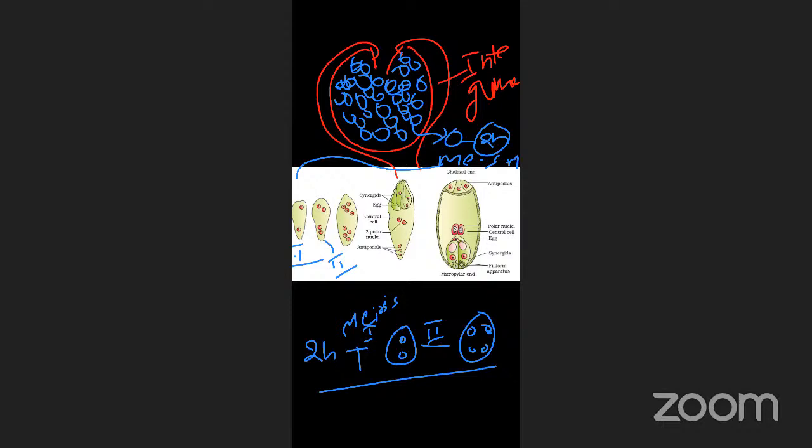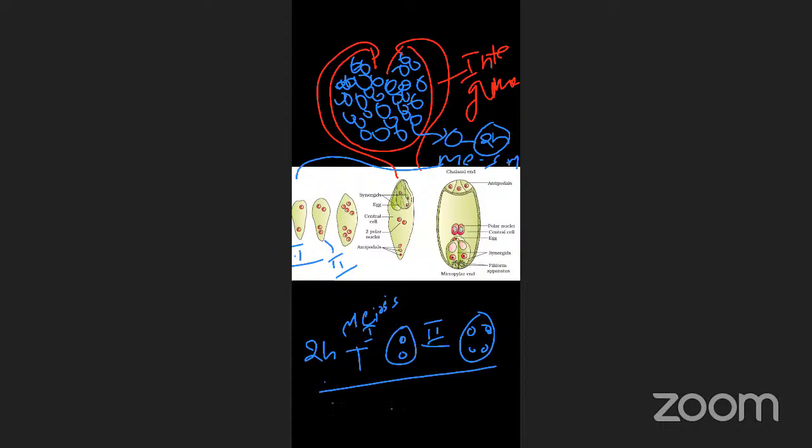After formation of megaspores, these megaspores further develop into the female gametophyte or embryo sac. So this is the whole concept of megasporogenesis. Let's discuss once again. Here the first one is the megaspore mother cell. Don't get confused here.